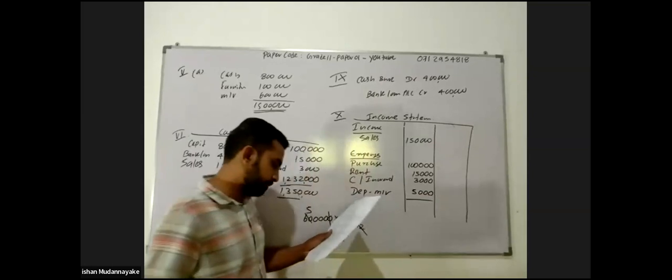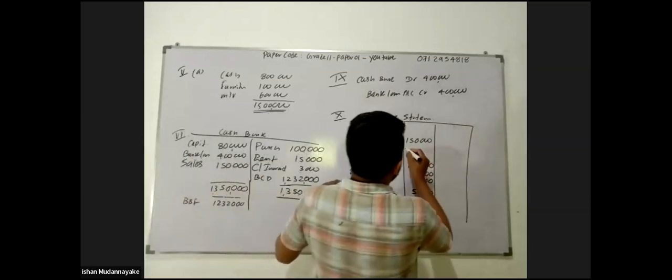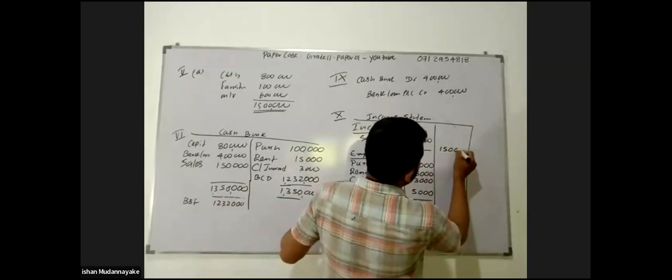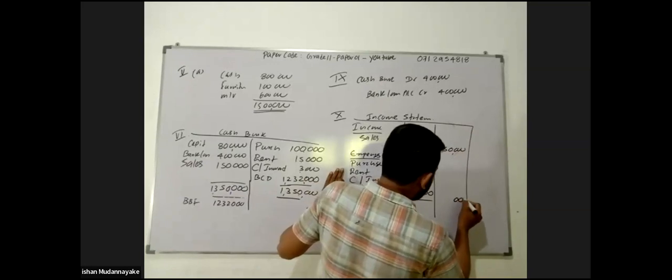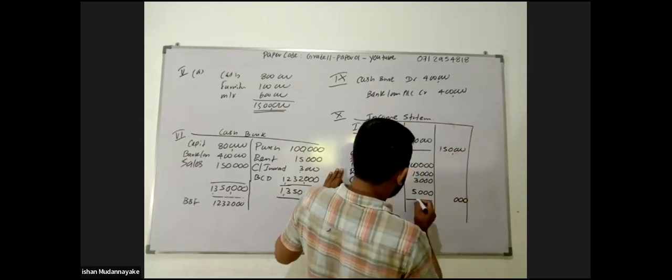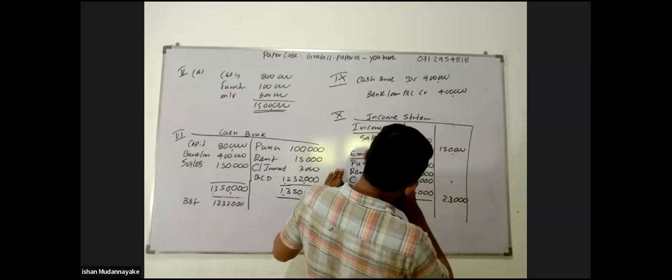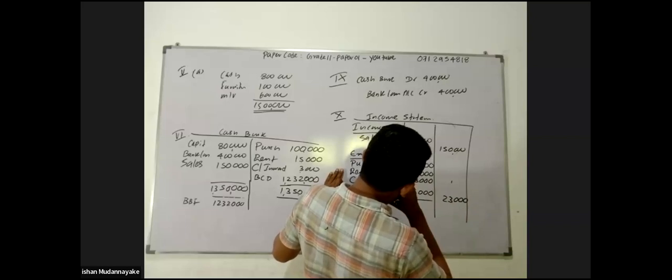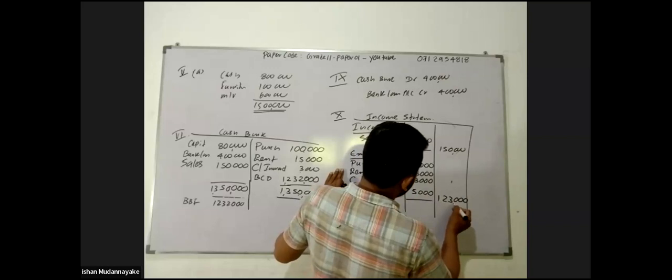Right, finished. Now you can calculate the profit or loss of the business. Income 150,000, and total expenses 123,000.